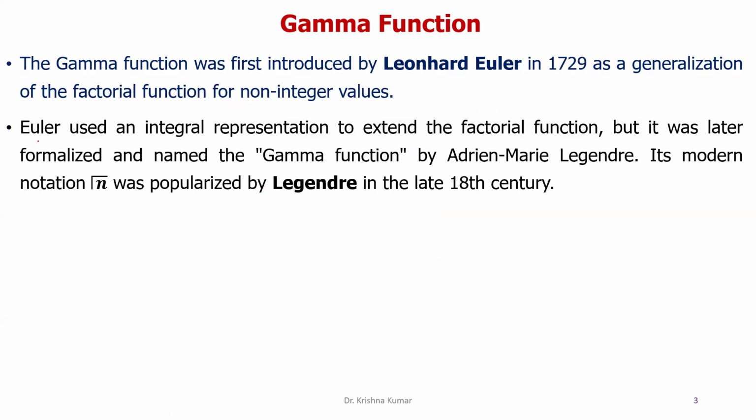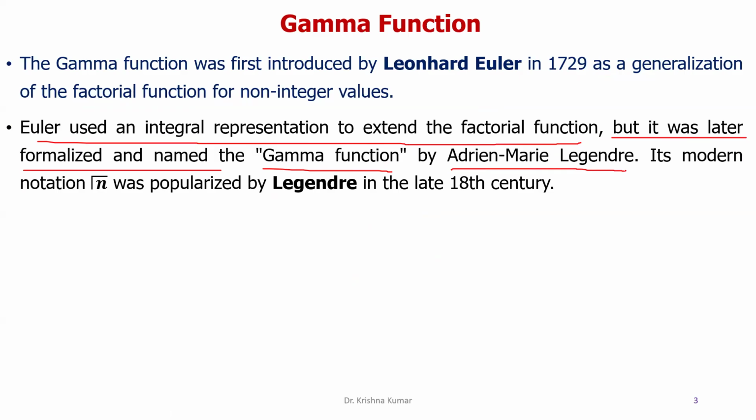Euler used an integral representation to extend the factorial function, but it was later formalized and named the gamma function by Adrien-Marie Legendre. Its modern notation, gamma of n, was also popularized by Legendre in the late 18th century.